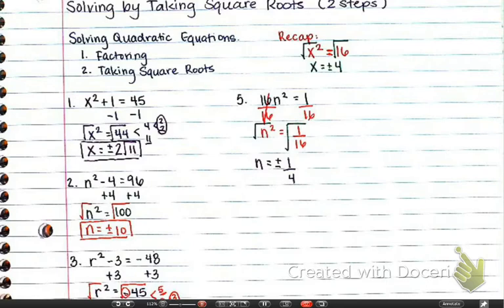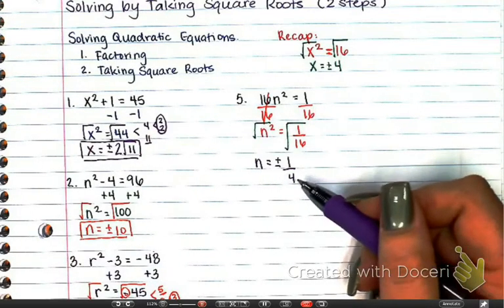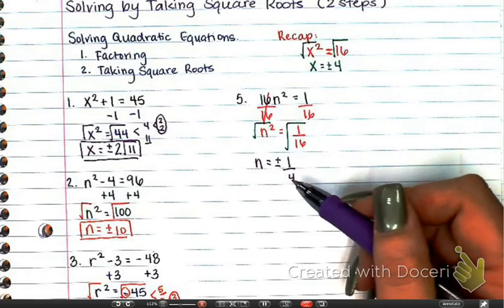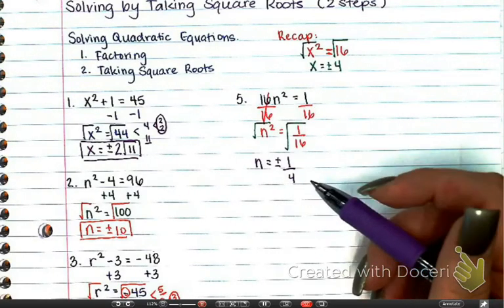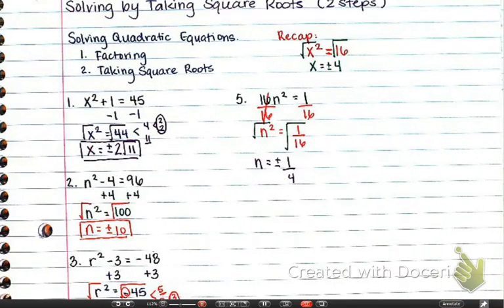Okay, so if you have a fraction that you take the square root of, deal with it separately. In some cases, you might be able to take the square root of the numerator but not the denominator, and you may just have to simplify. That's okay, but you're going to do them separately. Maybe let's make a note.